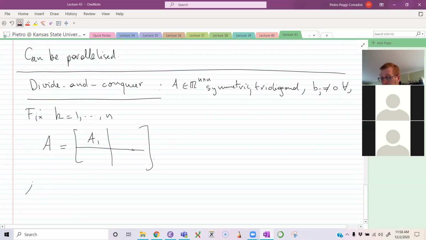Here, A1 is going to be the K by K block. And then the rest, that's going to be A2. And because of the tridiagonal structure, these blocks look like this. There's a beta in a corner, right?